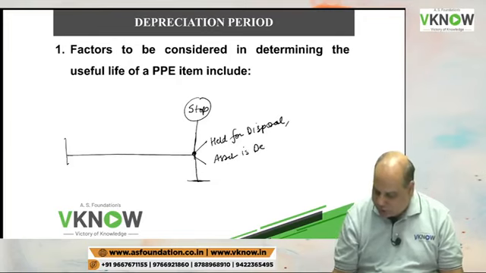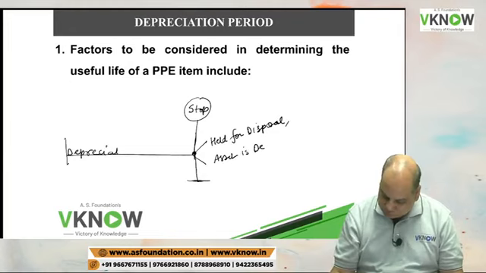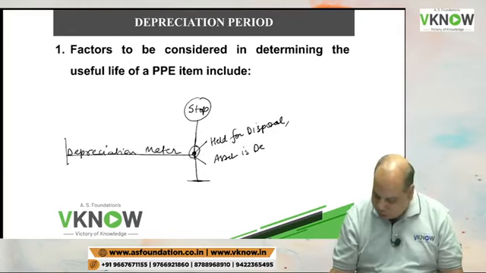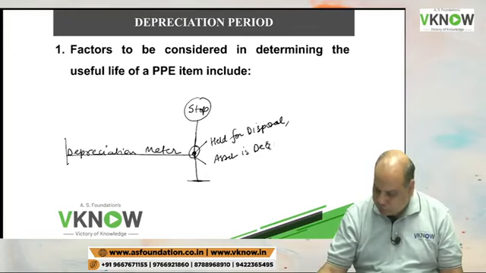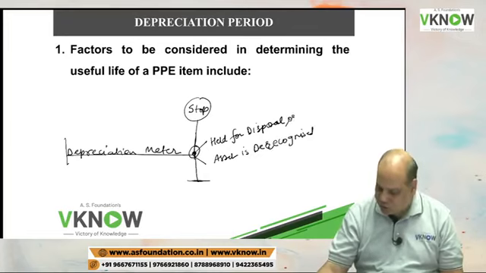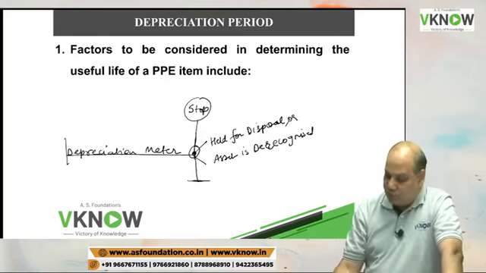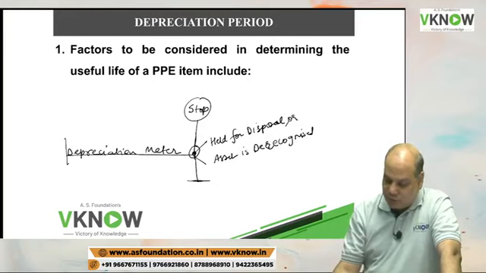So this is a depreciation meter. So when will depreciation meter stop? When you come across either of these two scenarios, asset is held for disposal or asset is derecognized.